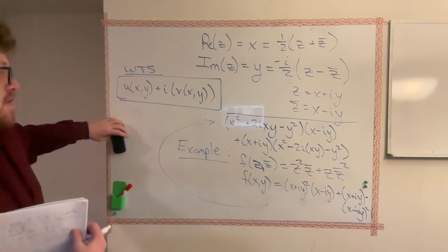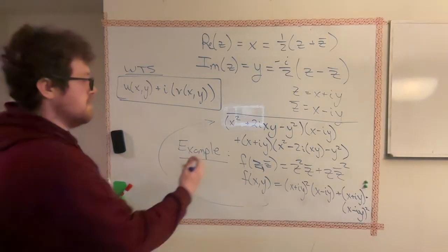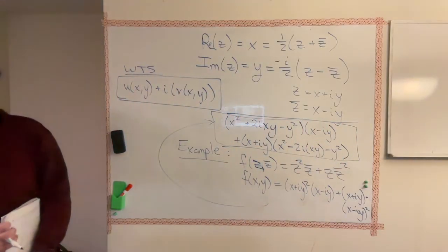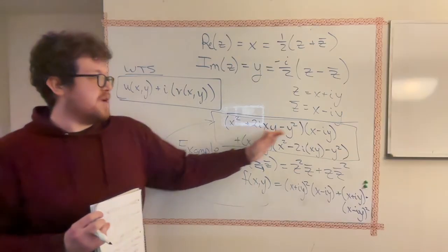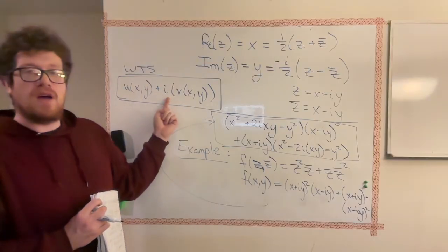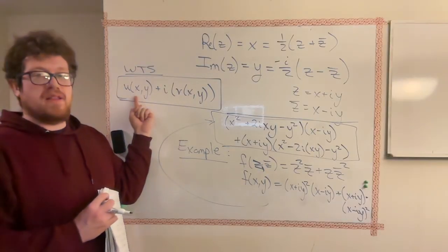Okay, I'm doing this very messily, but this is what we have so far. So basically I just want to continue distributing this and then rearrange everything, with everything with an I on the right and everything without an I on the left, and that's essentially it.